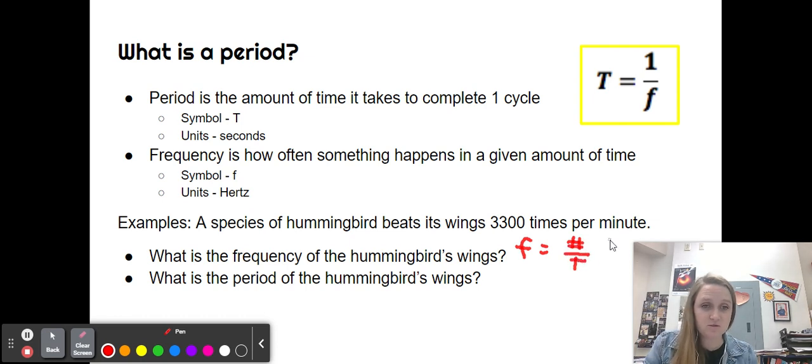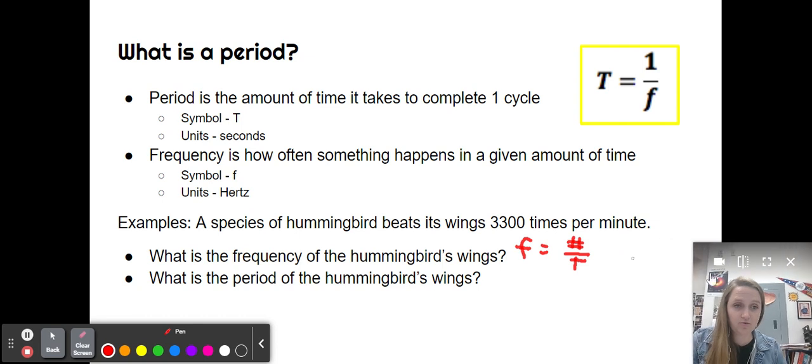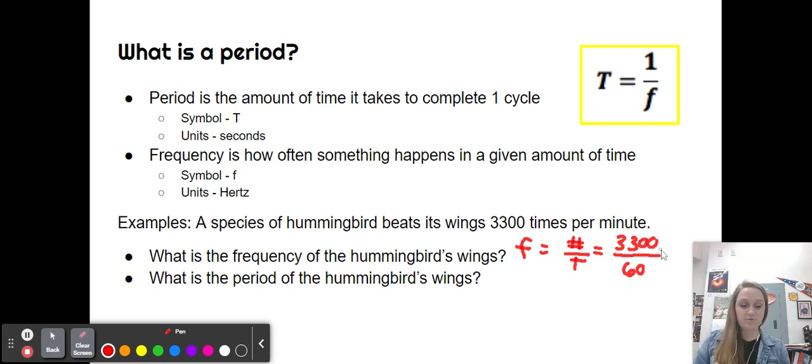My number of occurrences, it's going to beat 3,300 times per minute, but instead of minutes, we're going to use seconds, per 60 seconds. So the frequency for my hummingbird's wings is going to be 3,300 divided by 60, which gives 55, and my unit would be hertz.